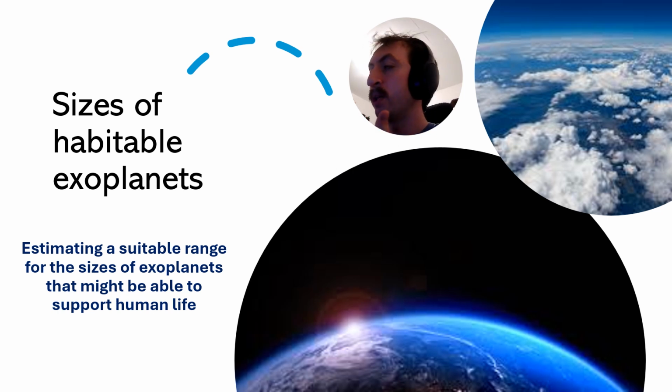So whether we want it to be a water world, a gas giant, or a rocky planet, we can come to predicting a maximum value and a minimum value for the size of a habitable exoplanet. So that's what we'll be doing in this video. There'll be a little bit of maths, not much. The main thing is using all the physical ideas behind the maths.